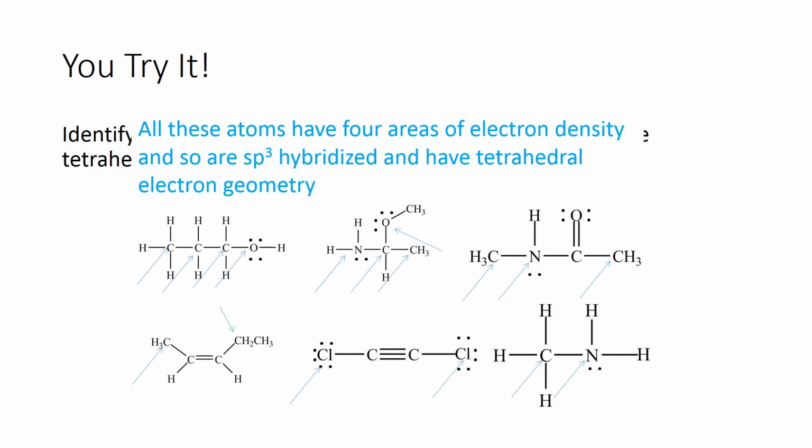That carbon has three hydrogens and a carbon on it, so it's tetrahedral. That nitrogen has a non-bonding pair and three bonds. That oxygen has two bonds and two non-bonding pairs, so it's tetrahedral. And so all of these that we have listed here are tetrahedral electron geometry and sp3 hybridized.